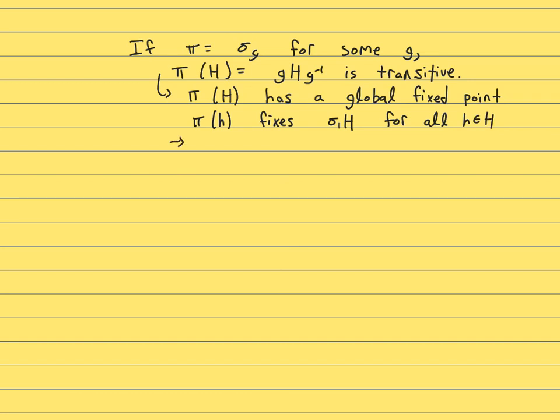So pi of h is not transitive, because there's no way to map sigma 2 of H to H. And so, oops, you can't be an inner automorphism. Therefore, you now have the property that pi is an outer automorphism.